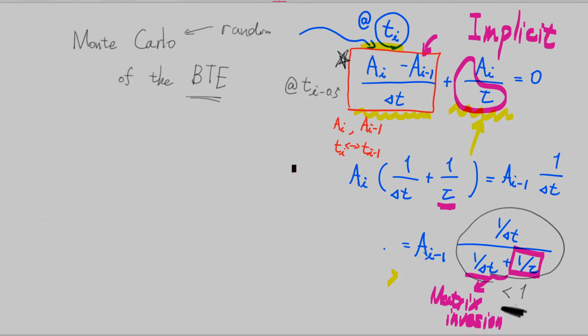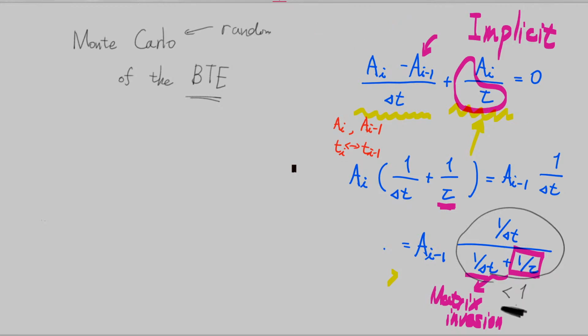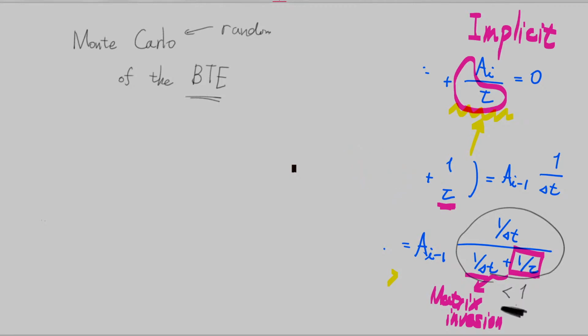In this case, they do not use the implicit method because that takes too long. Inside this system, due to the scattering, the time difference can be quite short, so we cannot increase the time difference for our Monte Carlo simulation to like 1 millisecond or 1 microsecond. That's not possible.